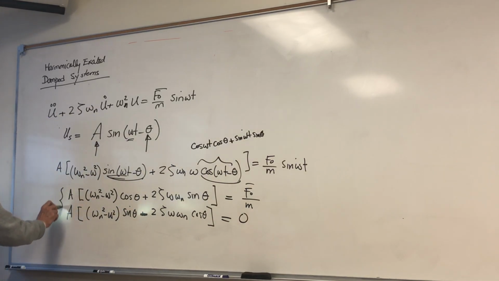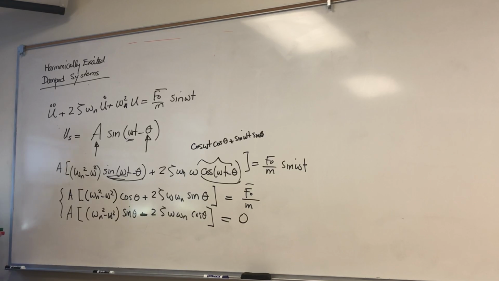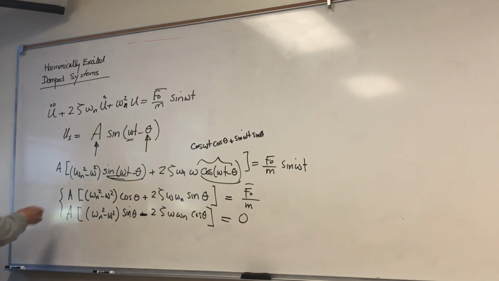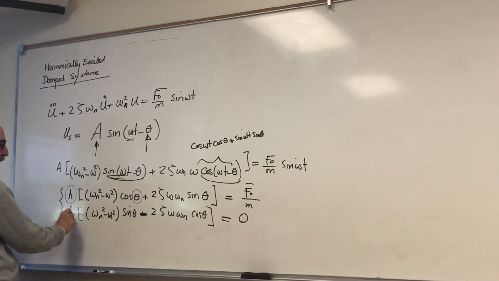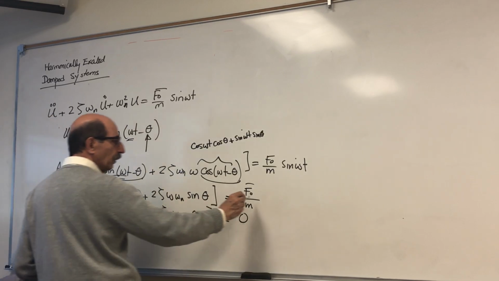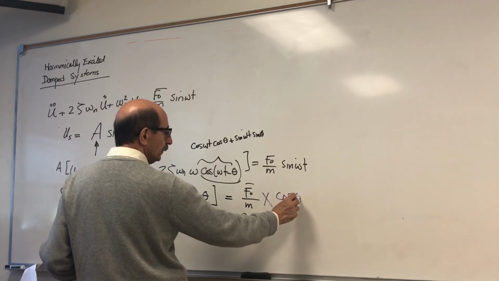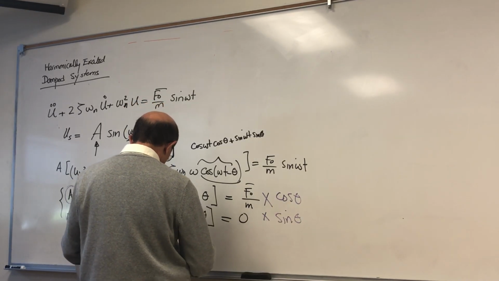So we have two equations and two unknowns. The two unknowns being what? A and theta, that we want to find, right? So we just multiply this by cosine theta, this by sine theta.